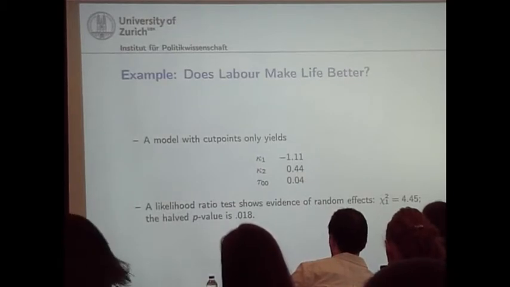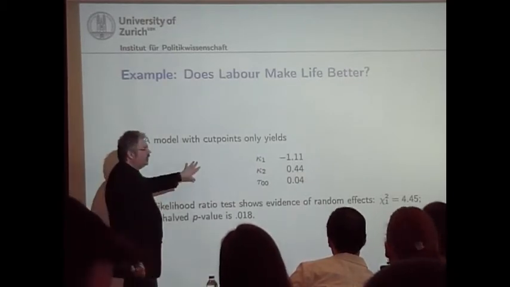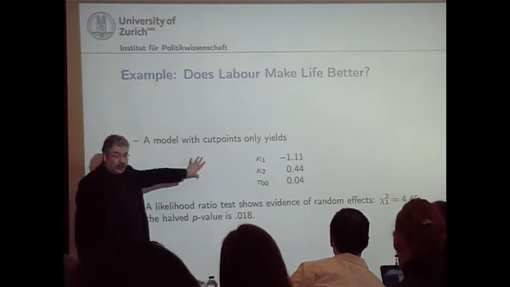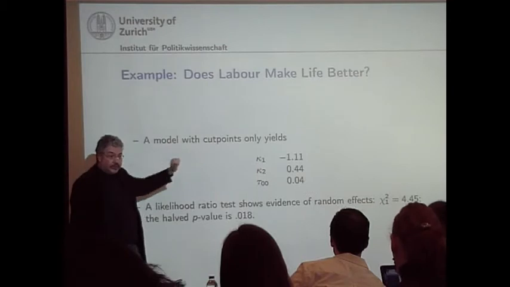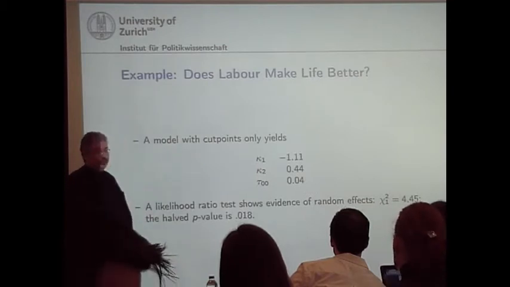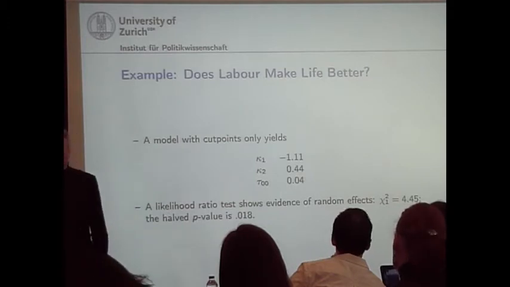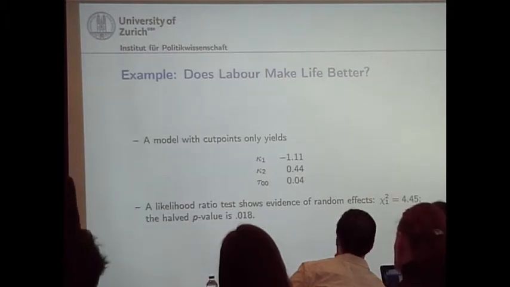So what I actually end up doing is estimating an ordered logit model as well, just with the cut points. And then I did a likelihood ratio test. Again, as I showed you yesterday, to pull that off in Stata, you have to force it. So you have to add option force.